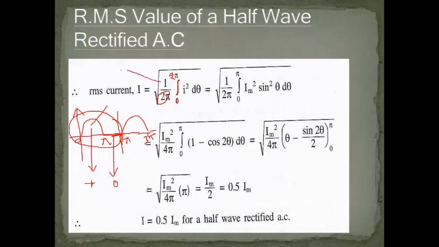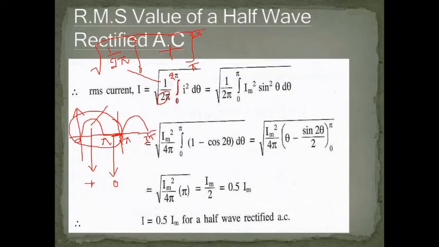It is now rewritten as the square root of 1 upon 2 pi, 0 to pi. I am splitting it into two integrals, 0 to pi as well as pi to 2 pi.